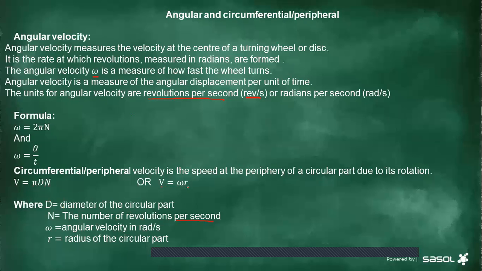Or we can also use circumferential velocity equals angular velocity multiplied by r, which is the radius. So those are the formulas that we are going to be using when calculating angular velocity, or when calculating circumferential or peripheral velocity.